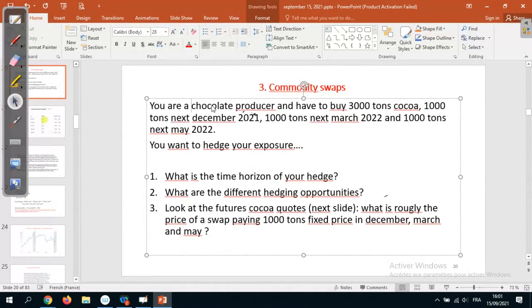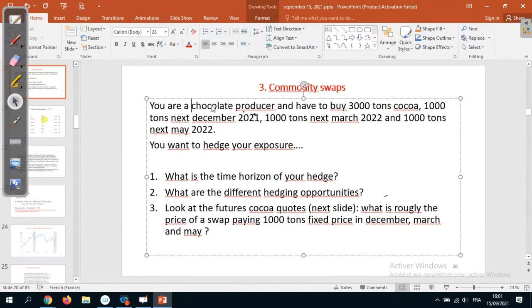That's good. Chocolate producer from Vietnam, and you have to buy 3,000 tons of cocoa: 1,000 next December, 1,000 next March, and 1,000 next May. That's more interesting than flows of interest rates because it's related to chocolate, and so good chocolate from Vietnam.